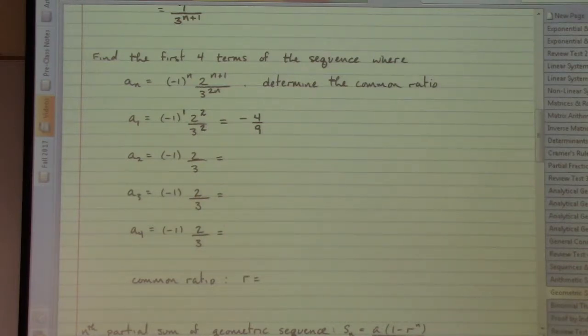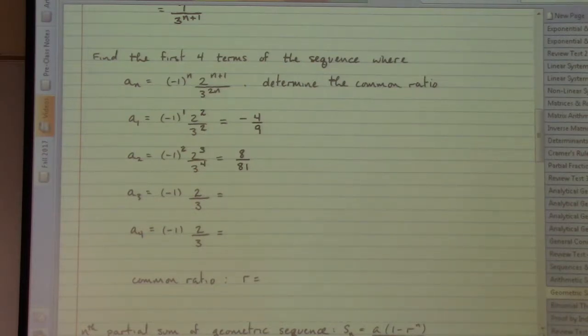Plugging in a 2 for n would give us a -1 squared. It would give us a 2 with a power of 3, and it would give us a 3 with a power of 4. So that means that we would have a positive term here, 8 over 81.